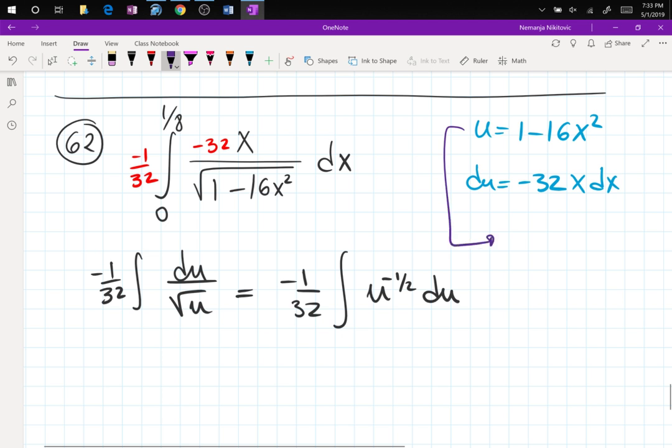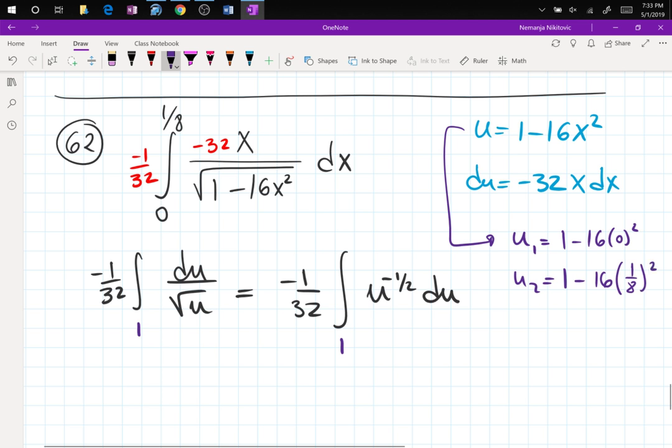So u1 is 1 minus 16 times 0 squared. So how much is u1? It is 1, right? And u2 is 1 minus 16, and then I have 1 over 8 squared.